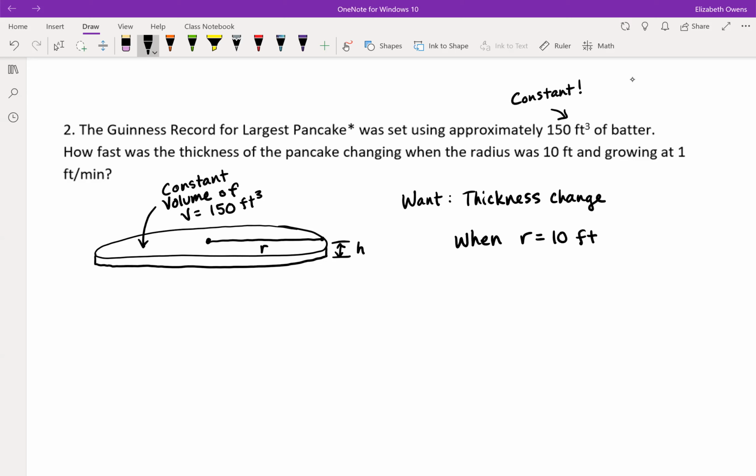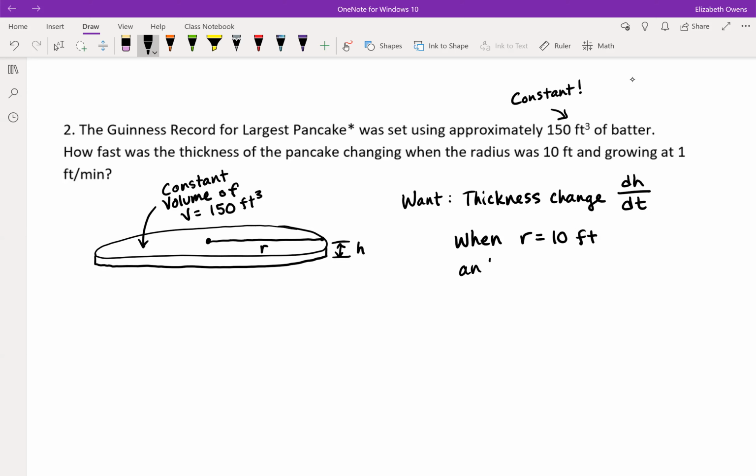That thickness changing would be a rate of change of h. And we know here in 3.8, our rates of change are instantaneous. So this is going to be dh/dt that we want to find, when r is 10 feet.